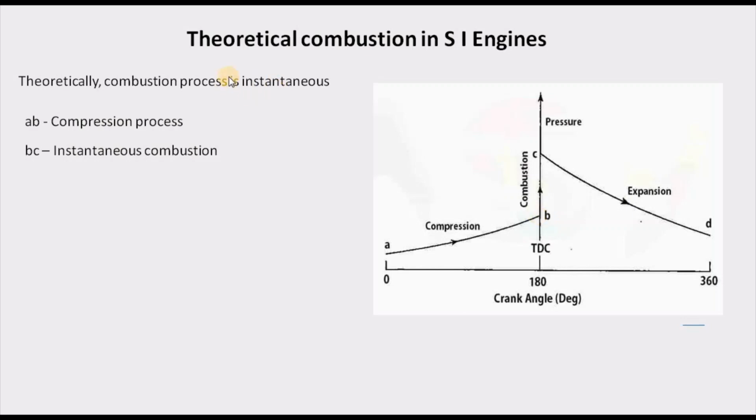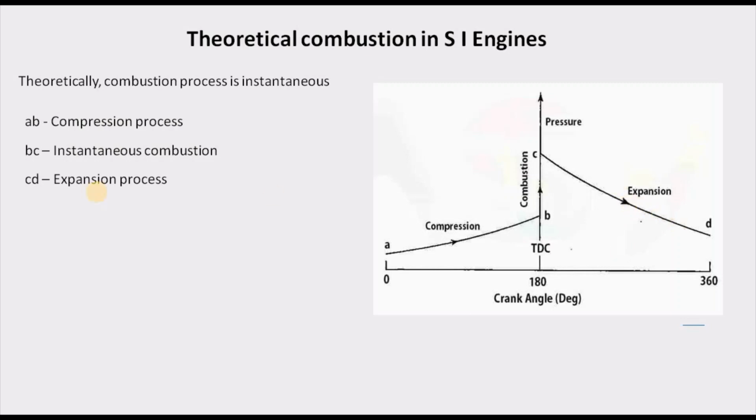As we are assuming that the combustion happens instantaneously, the pressure rises from point B to point C, and C corresponds to the point where the peak pressure is finally attained. So BC indicates the instantaneous combustion curve for pressure. Then, as the piston starts moving from top dead center towards BDC, the pressure starts decreasing.